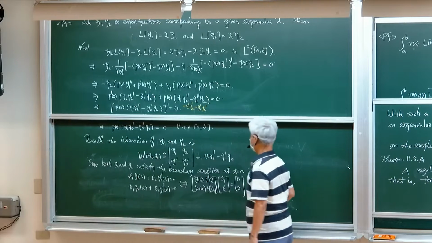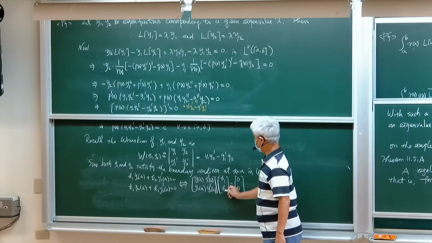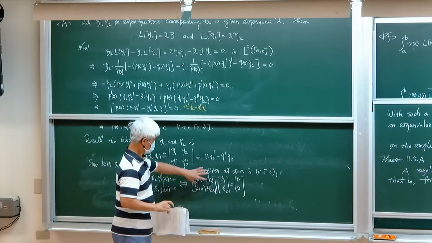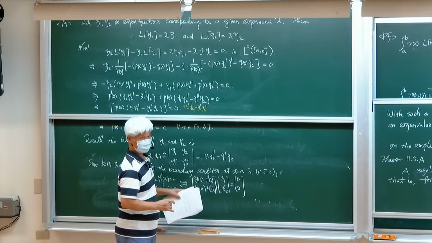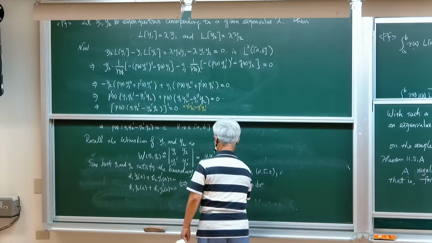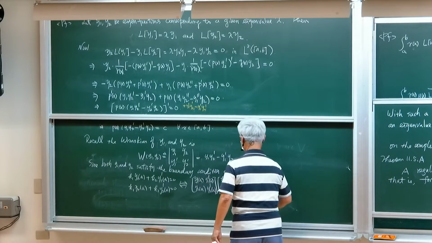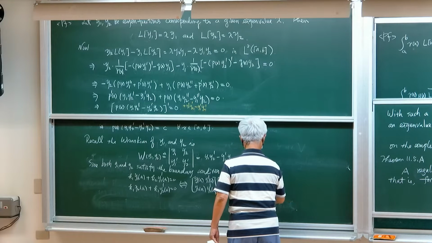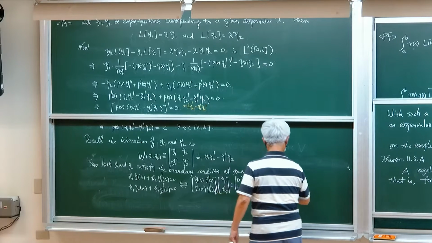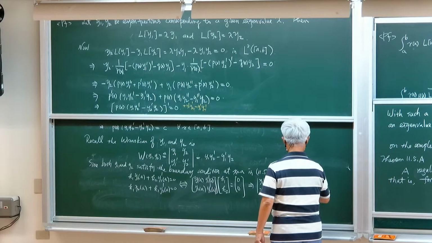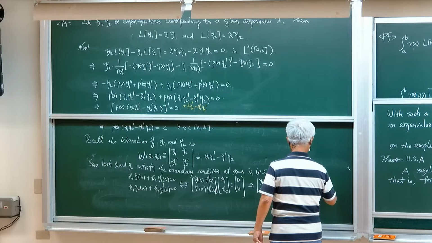Again, k1 and k2 are non-trivial, so this is a non-trivial solution. So the matrix is non-invertible, and this implies the determinant of the matrix y1(a), y1 prime(a), y2(a), and y2 prime(a) is 0. So that means the Wronskian of y1, y2 at a is 0.